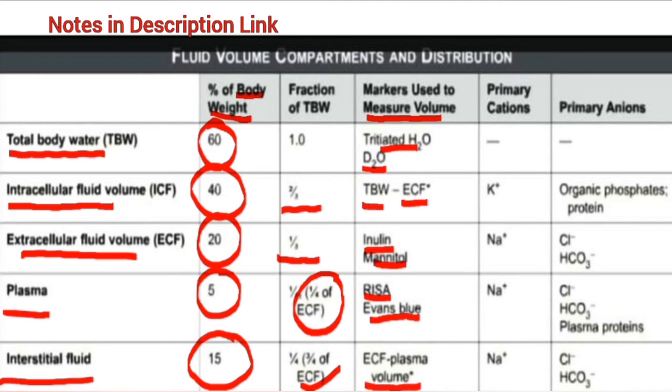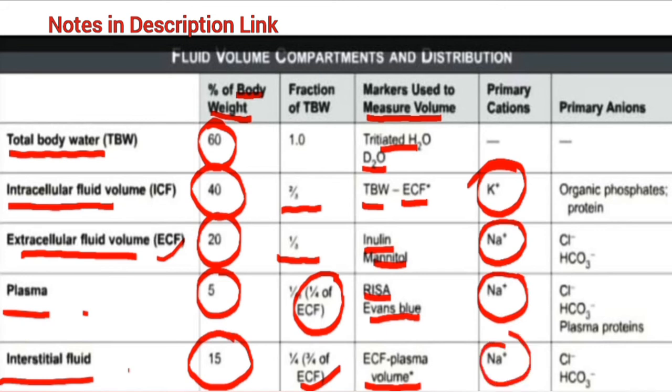We also discussed the major cations and anions present in the different compartments of the body. For intracellular fluid, potassium is the major cation, and for extracellular fluid, sodium is the major cation. Plasma and interstitial fluid are also part of the extracellular fluid, so their major cation is also sodium.